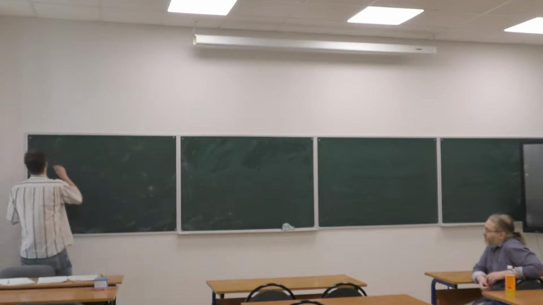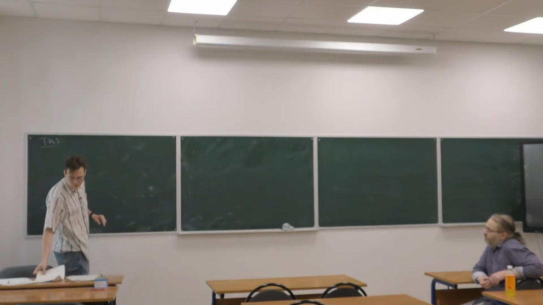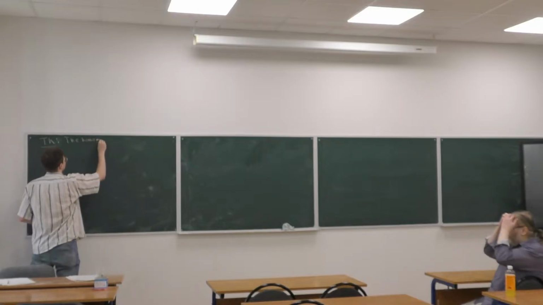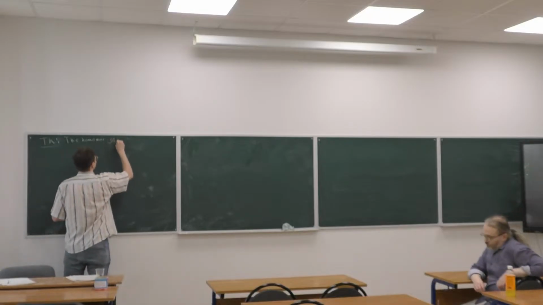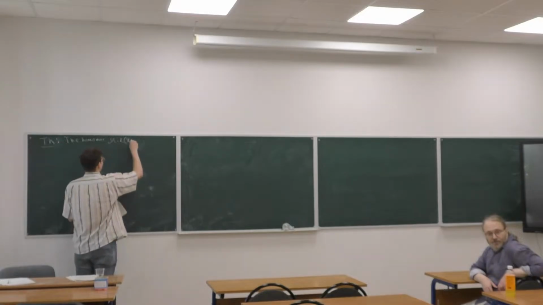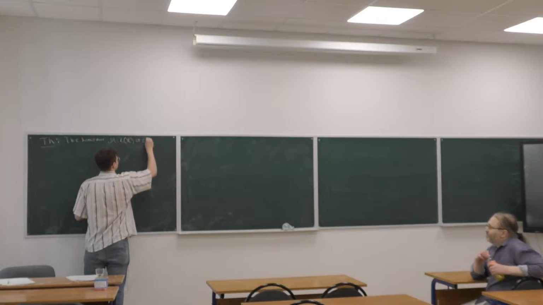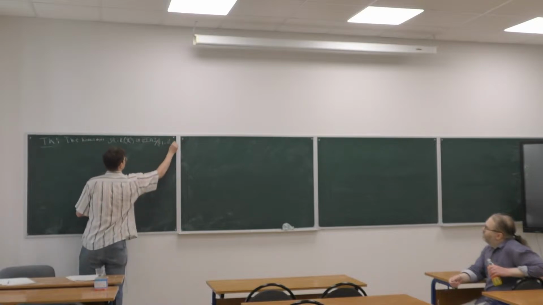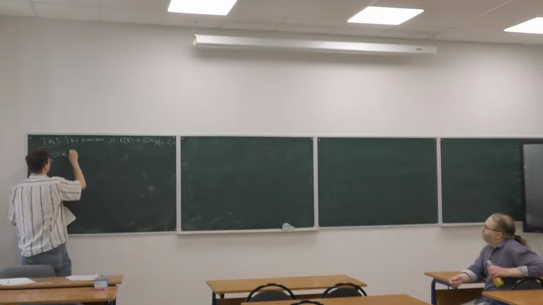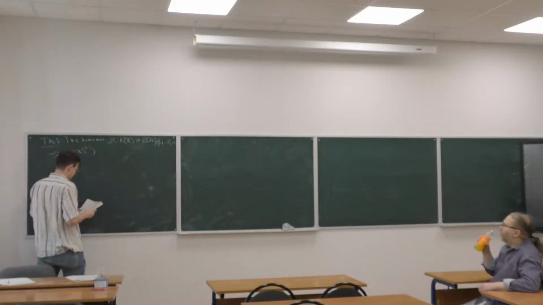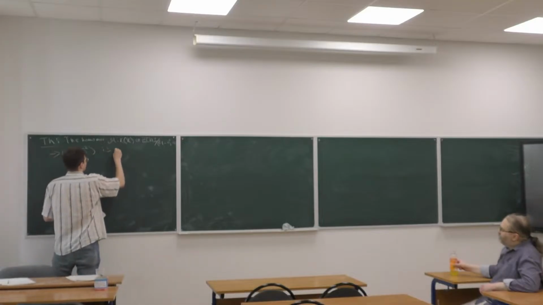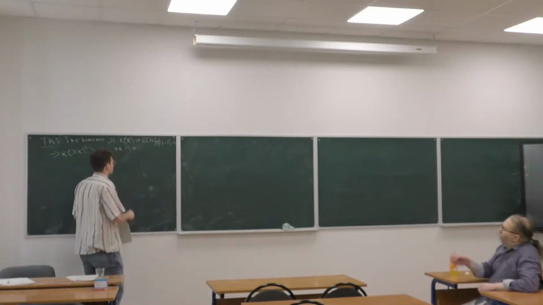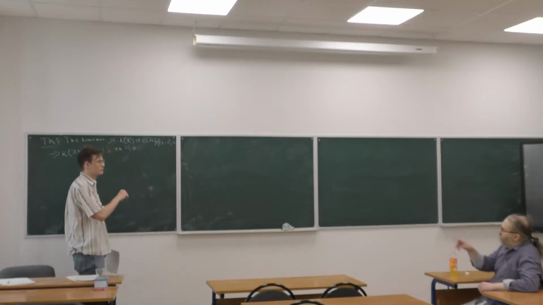Our goal is to prove the theorem: the homomorphism mu from K(X) tensor product of H(S^2) to K(X × S^2) is an isomorphism of rings.